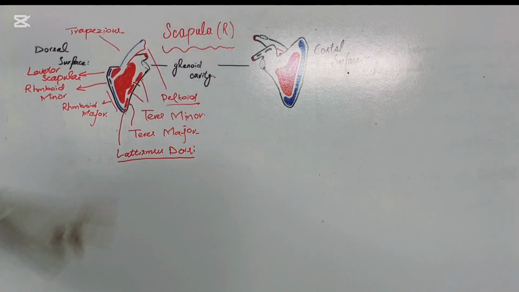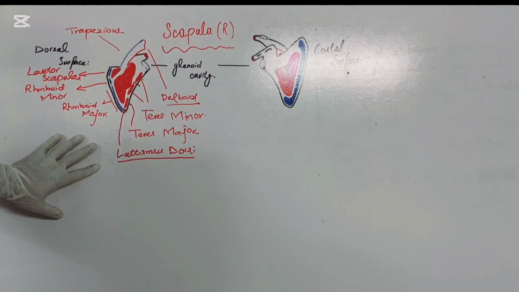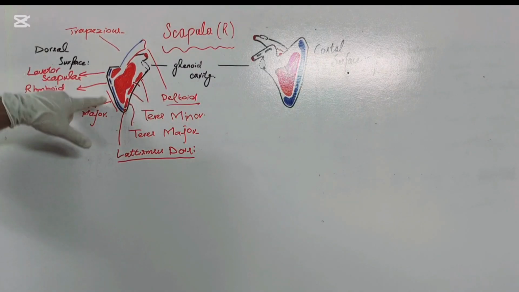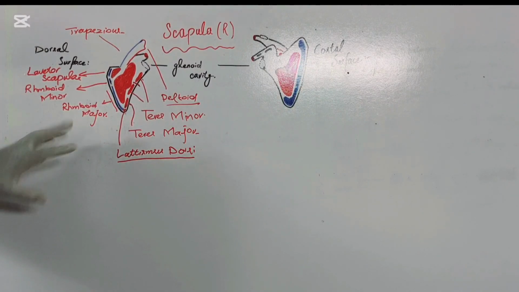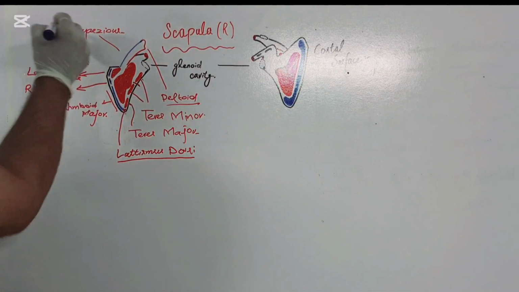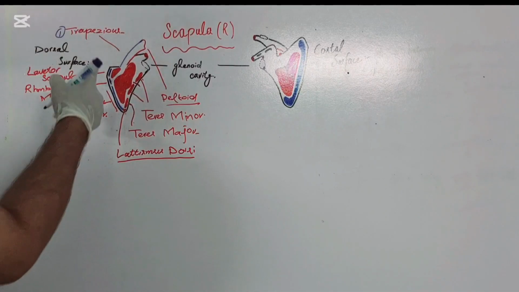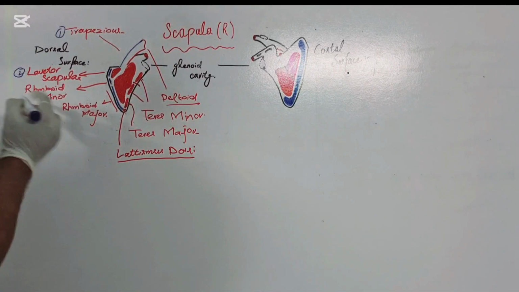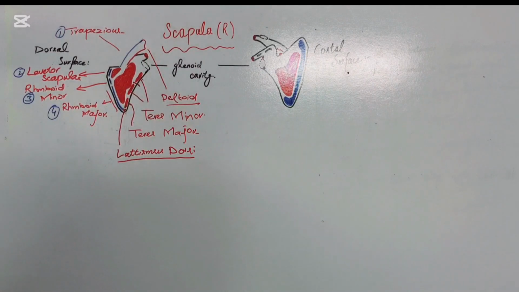In the red color, the muscles are originating muscles, and in blue are inserting muscles of the dorsal surface of scapula. Here we have four muscles that are inserting. First one is trapezius, second one is levator scapulae, third one is rhomboid minor, fourth one is rhomboid major.